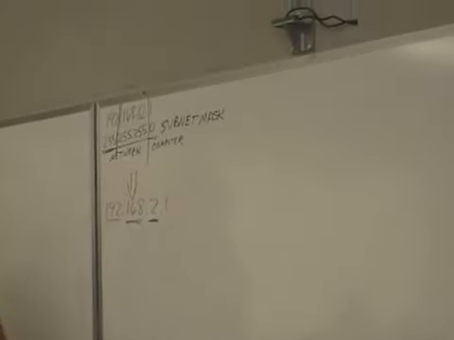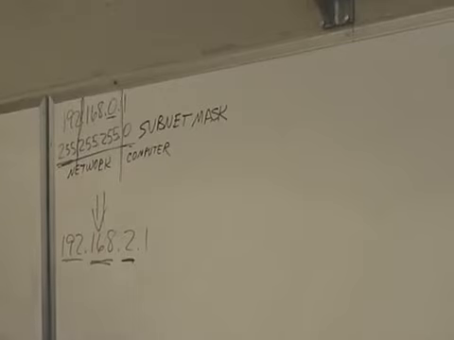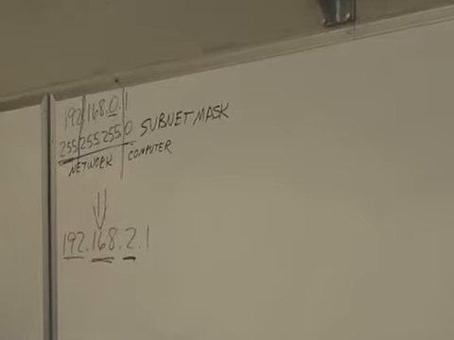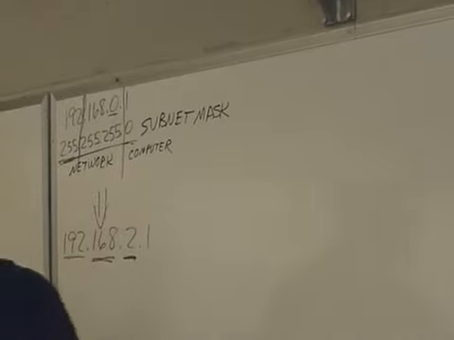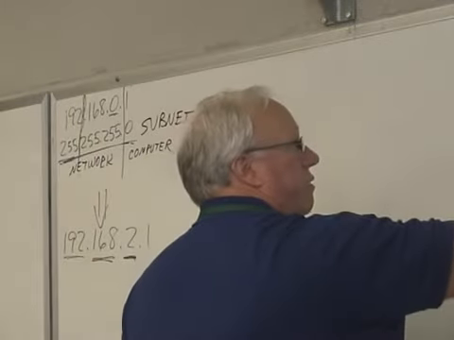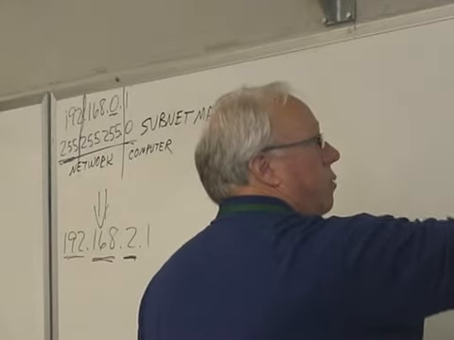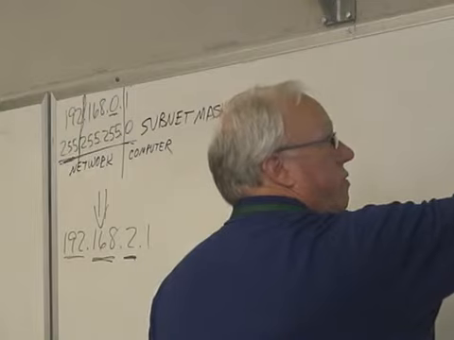How many possible computers can I have with 8 bits? 2 to the 8th, right? And how many is it? 256. 2 to the 8th is 256, which is actually 0 to 255.